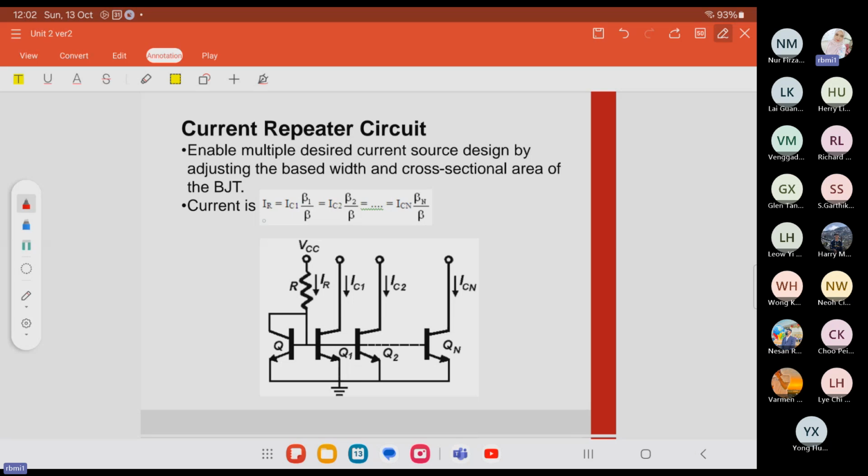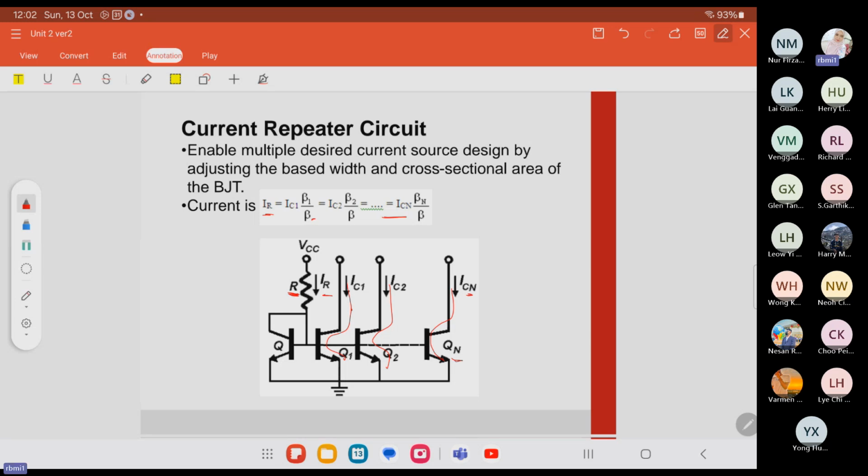So for the current IR in this one, the current flows at the resistor R. This equals IC1 times beta over beta plus something. This equals this one, also equals this one, and if we have up until N transistors, it is also equal to the same value.